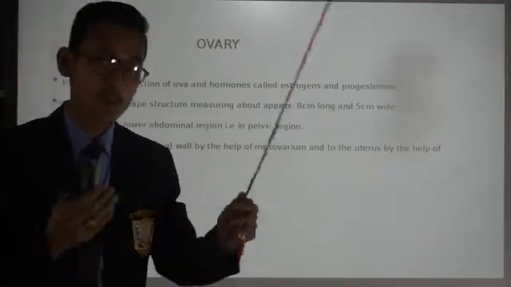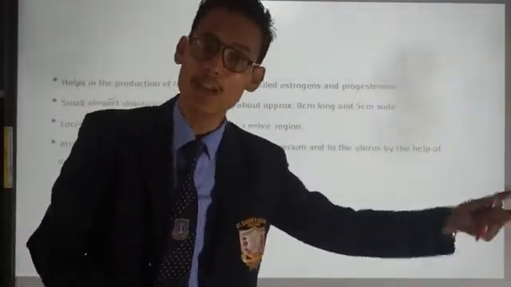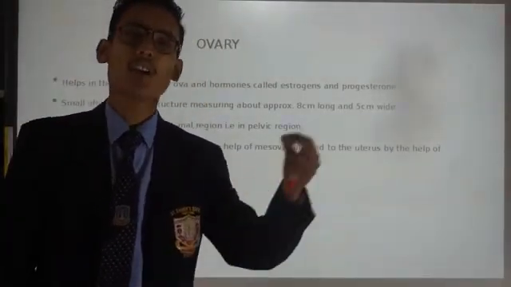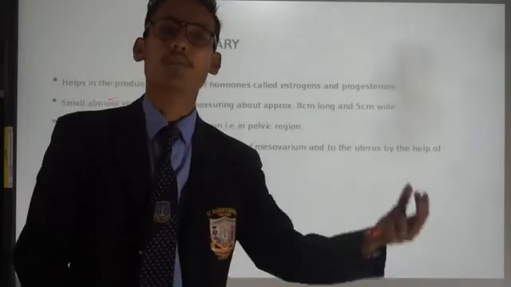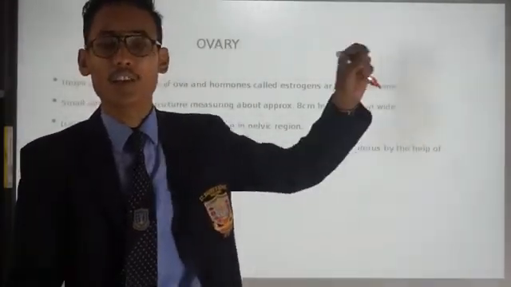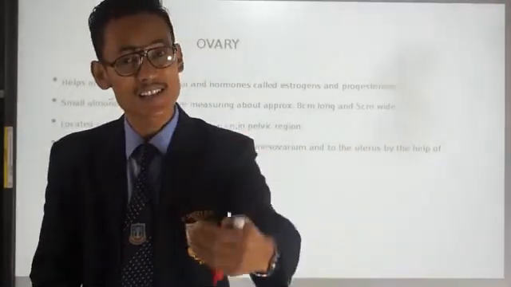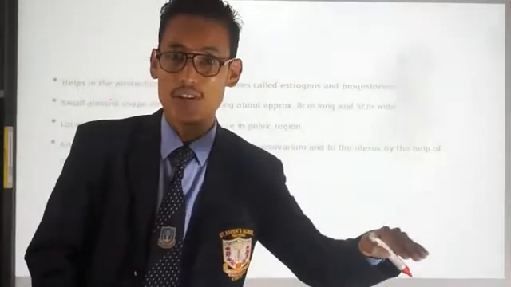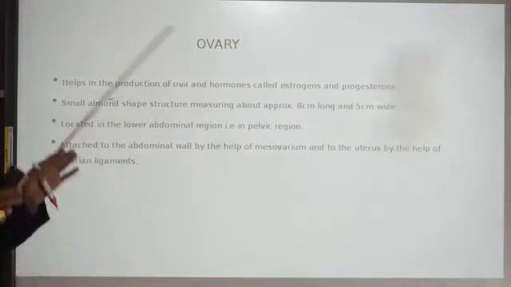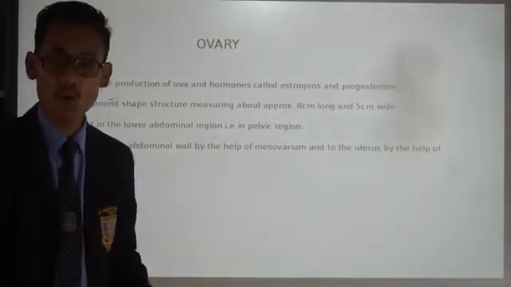We have also discussed why it is present within the abdomen: because there is no such temperature requirement for the formation of ova from the ovary, like in the case of the testis, where the formation of sperm requires a body temperature 2 to 3 degrees Celsius lower. In the case of the ovary, there is no such temperature requirement for the formation of the female gamete, that is ova.